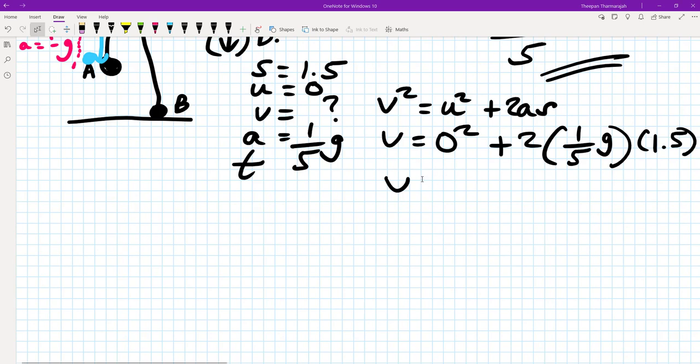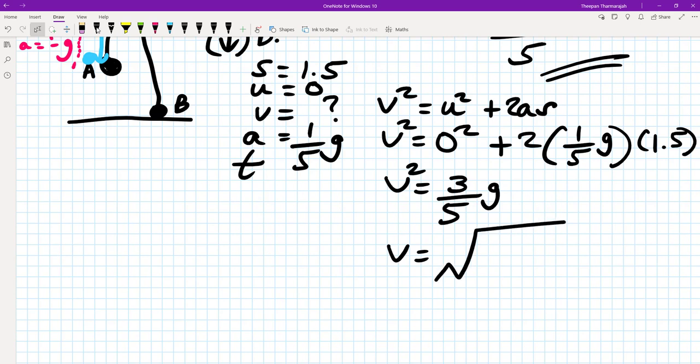So that will work out to be 3/5 of g, and don't forget this is v squared, so v is going to be the square root of all of that. So v is the square root of 3/5 of g. So this is the final velocity of B as it hits the ground.